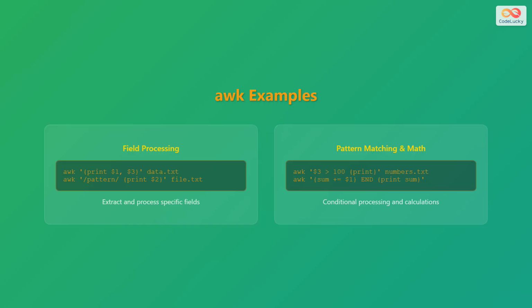Let us consider another example for pattern matching in math. The command awk '$3 > 100' numbers.txt prints lines where the third field is greater than 100 from numbers.txt. The command awk '{sum += $1} END {print sum}' calculates the sum of the first field in each line and prints the total at the end.